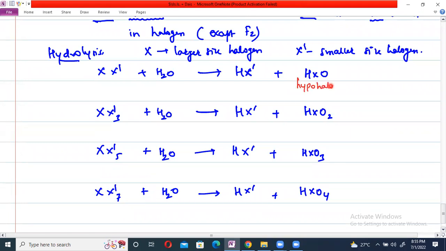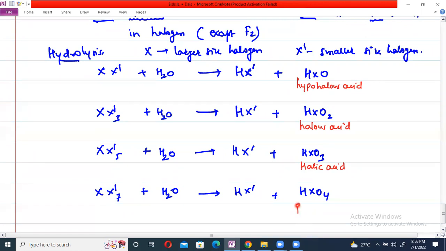HXO is called hypohalous acid. HXO2 is called halous acid. HXO3 is called halic acid.